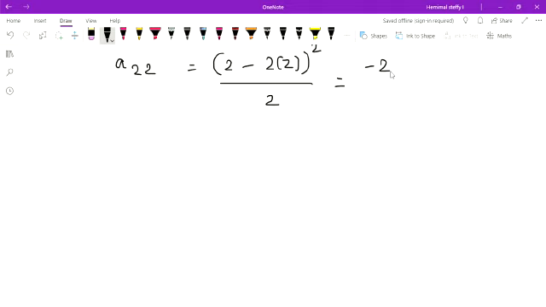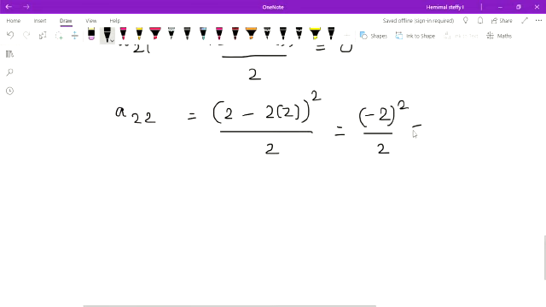Minus 2 whole square gives plus 4. 4 by 2 gives 2. So the answer is 2.